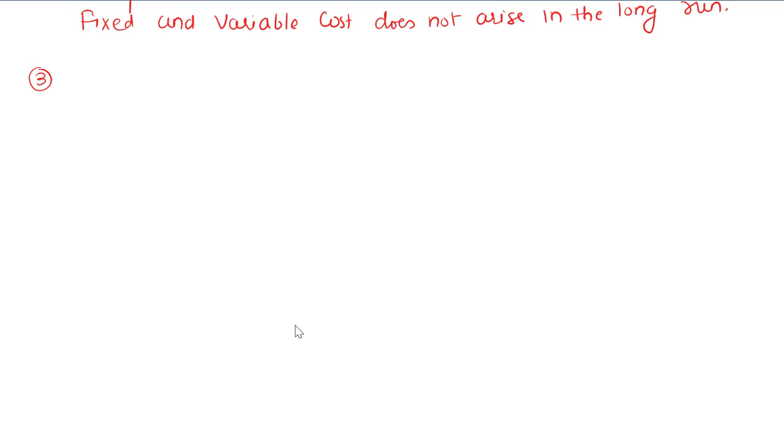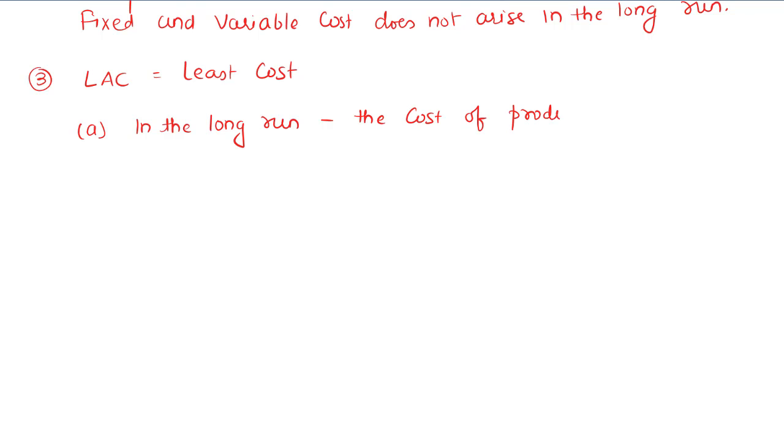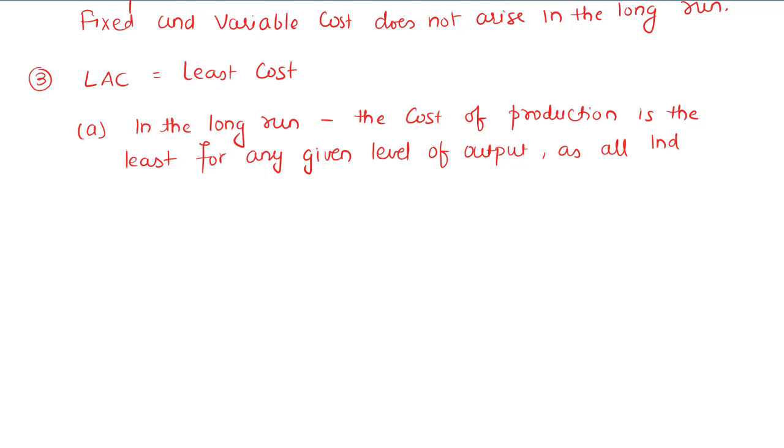Next point, LAC equal to least cost. In the long run, the cost of production is the least for any given level of output as all factors are variable.